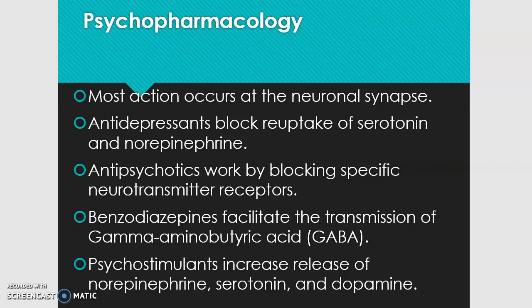So, each one of these drugs that is an antidepressant or an antipsychotic works in a certain way so that it's usually blocking, or facilitating or increasing release of neurotransmitters. So we have either or. It depends on what they're being used for.